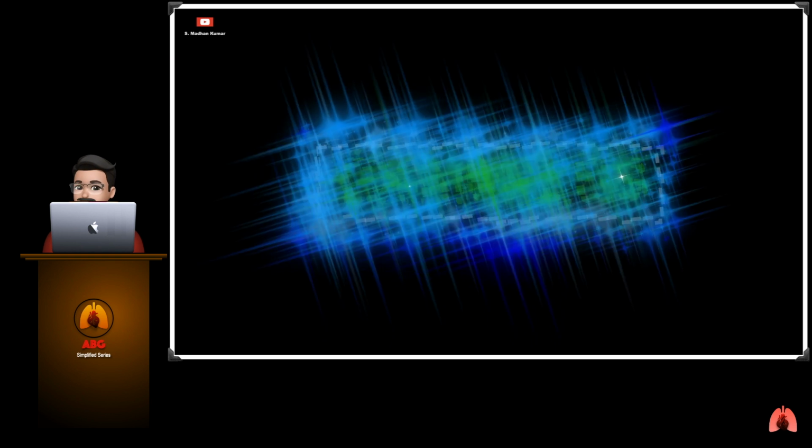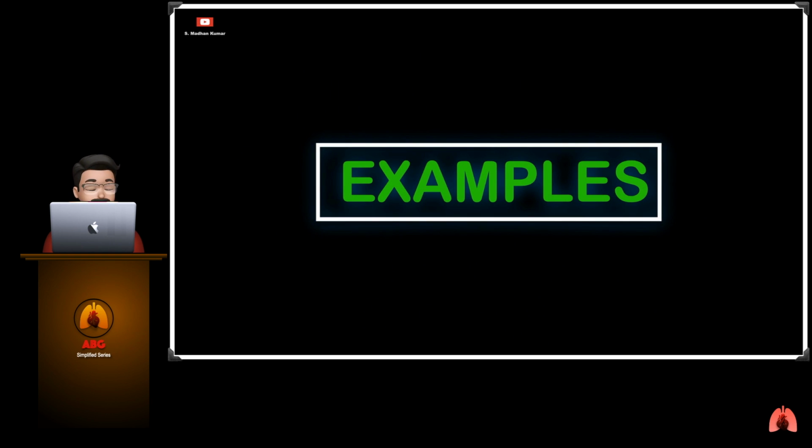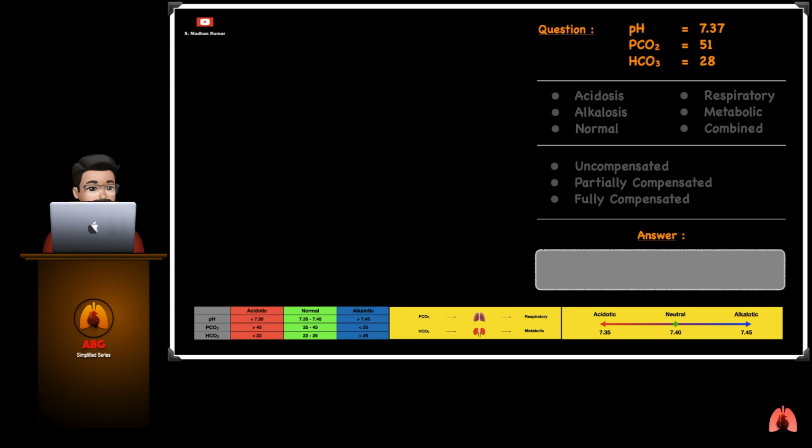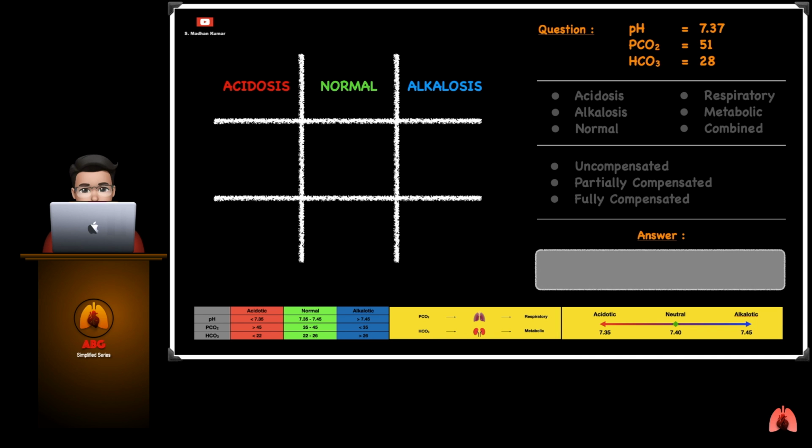Now let us see some examples. Here pH is 7.37, which is normal, so mark pH under normal column. PCO2 is 51, which is acidotic, so mark it under acidosis column.